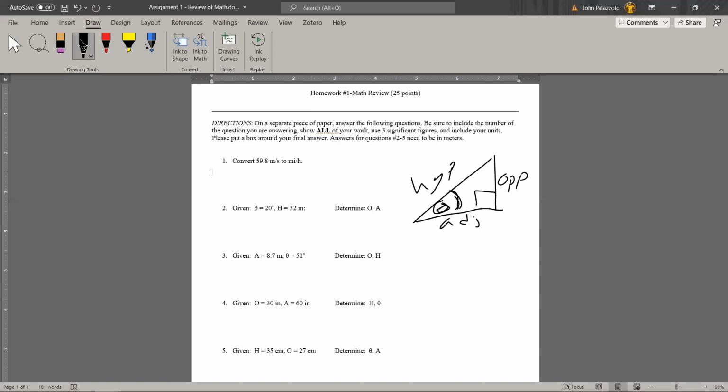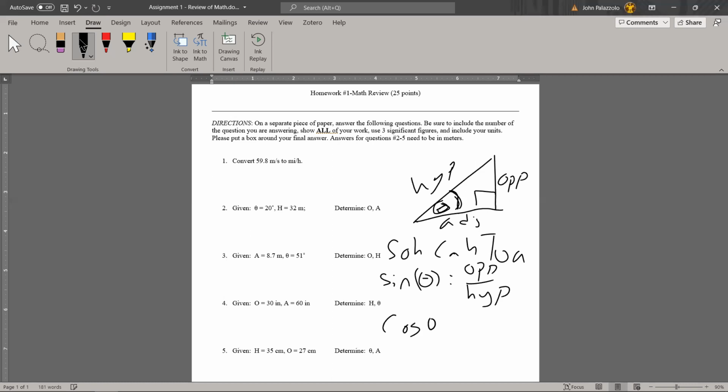When we look at this, we can use our common trigonometric functions, which are sine, cosine, and tangent. We had our mnemonic device, SOH CAH TOA. Sine of theta is equal to the opposite over the hypotenuse.